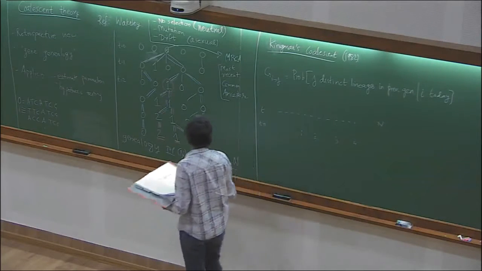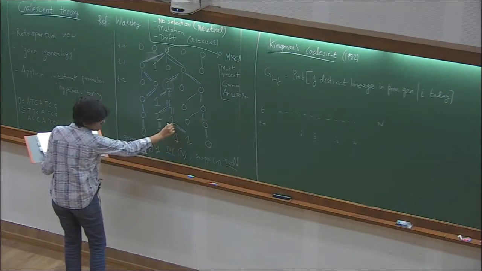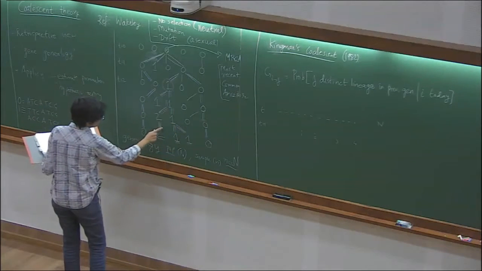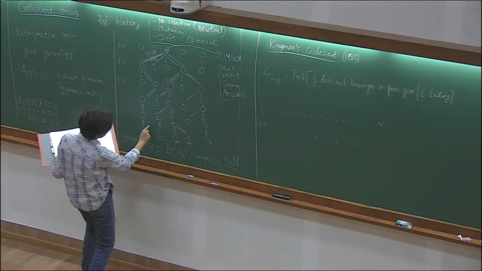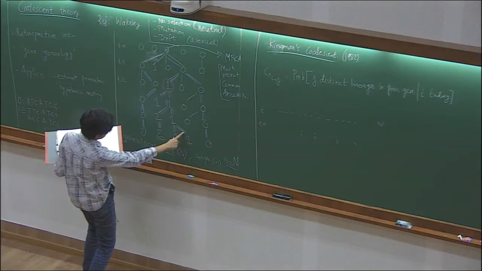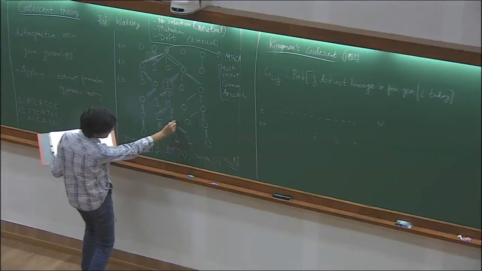So how many lineages do I have? There were these 5 guys which are different, but these 2 found the same parent. So the number of distinct lineages has reduced by 1, right?